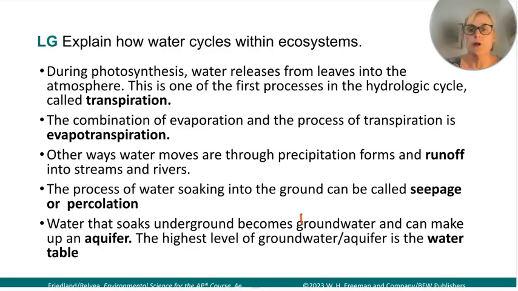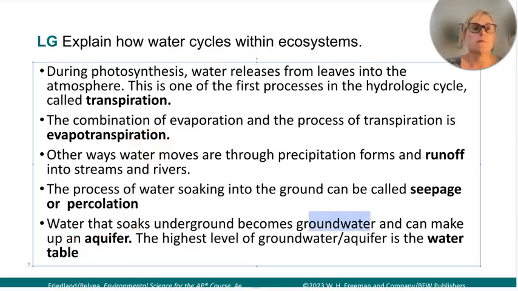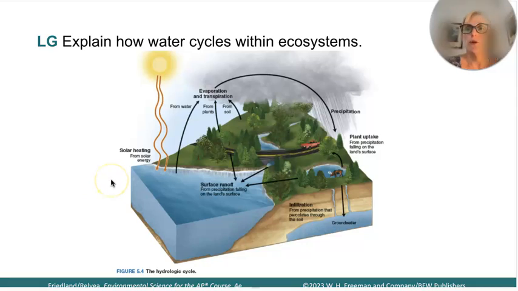So groundwater or an aquifer. The highest level of our groundwater is called our water table. And so pay attention as you are reading in the book, you're looking at the diagrams. Pay close attention to the diagrams. Also take a look at your diagram notes as you are studying the water cycle.